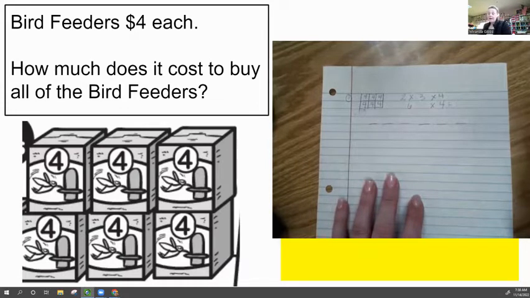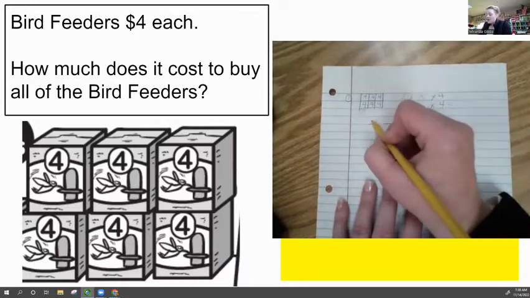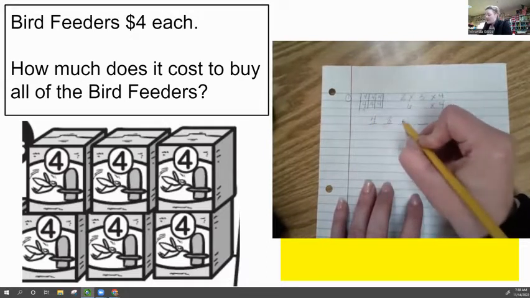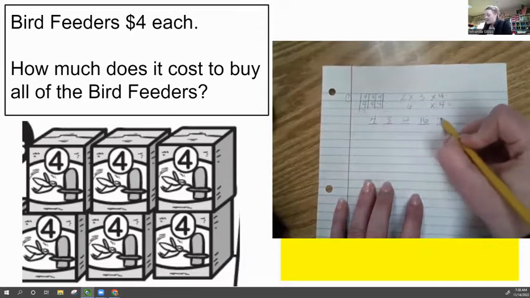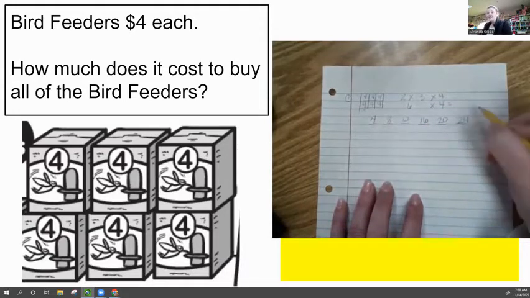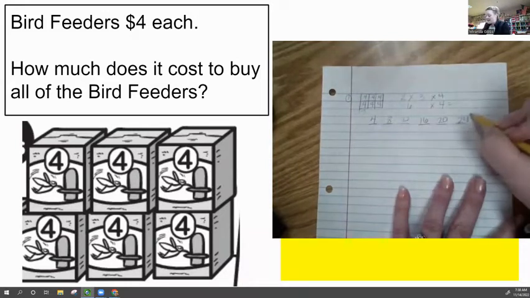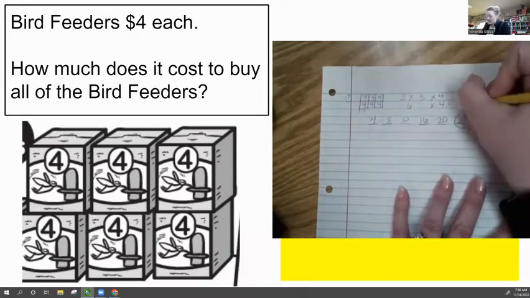I'm going to skip count because I've been learning my 4s, the double doubles. So Mary had a little 4, 8 and 12, 16, 20, 24 and 28, and then it keeps going. But we know that 6 groups of 4 is 24. So my answer is $24.